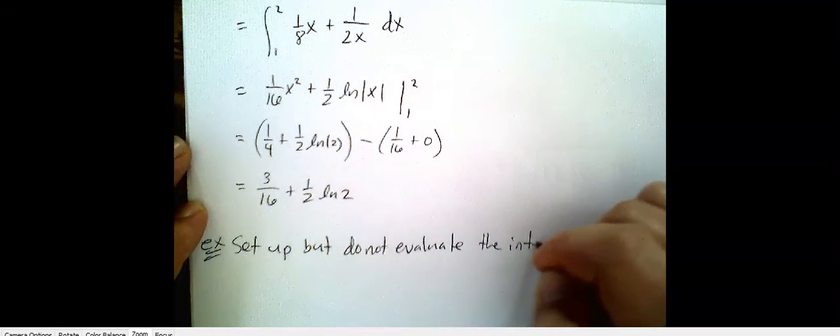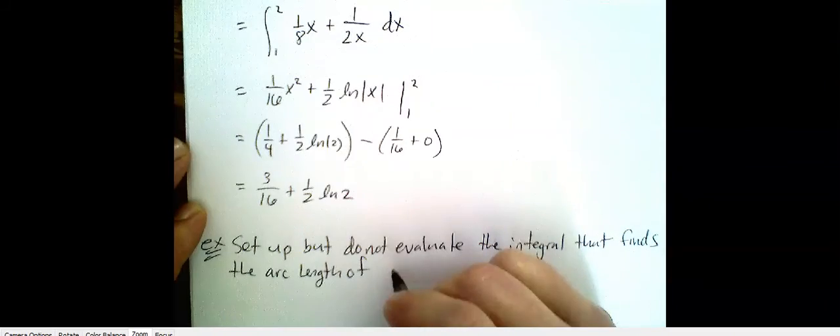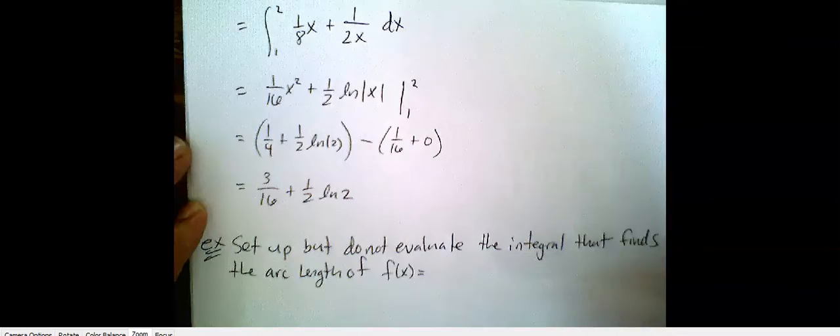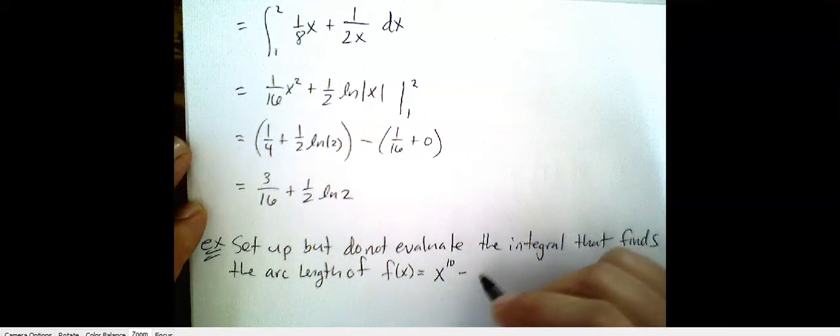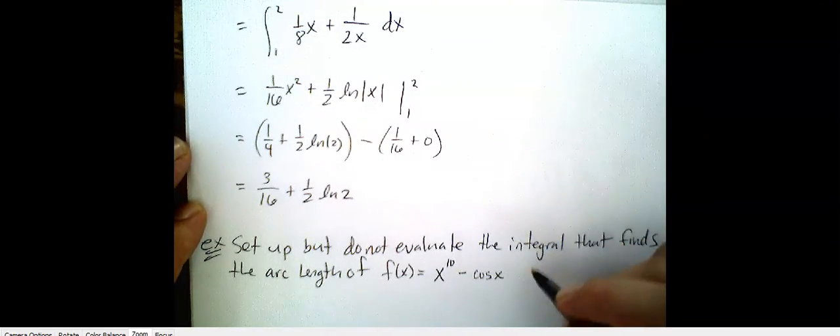All right, last example. So here we just want to set up, but do not evaluate, the integral that finds the arc length of f of x equals x to the 10th minus cosine x from 0 to 1.